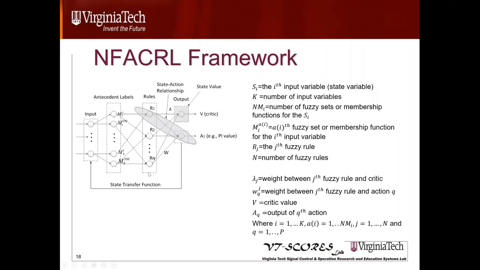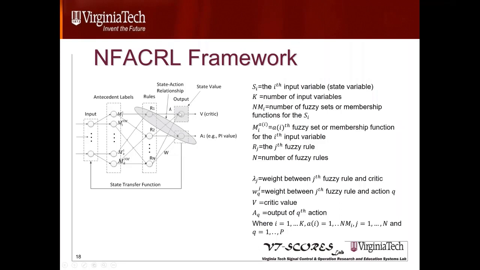And then you have rules over here, and the major thing that makes this actually work, I think the key point, is the actor-critic reinforcement learning technique. So you have an actor, which is basically you're training your neural network with a fuzzy set to come up with the value.